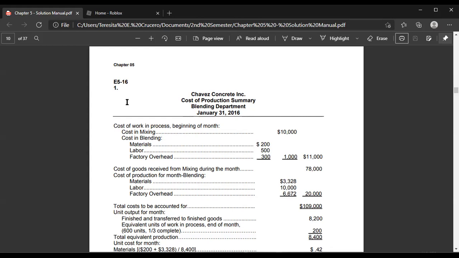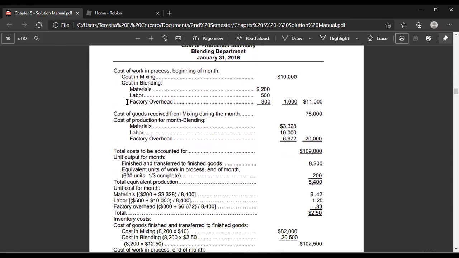Now, what are the costs? We have 10 times 7,800 units, so you get 78,000. Then we have the cost of production for the month in the blending, given as materials 3,328, labor 10,000 and factory overhead 6,672. The total cost to be accounted for is 109,000.